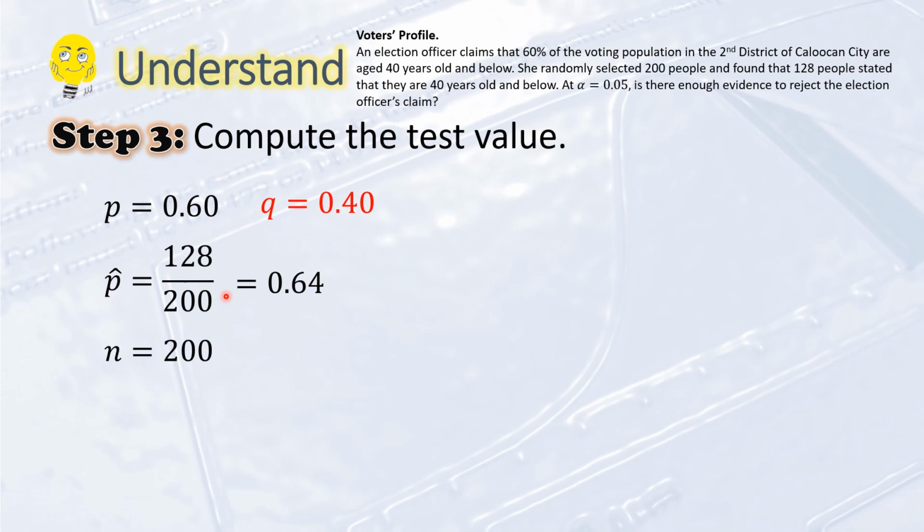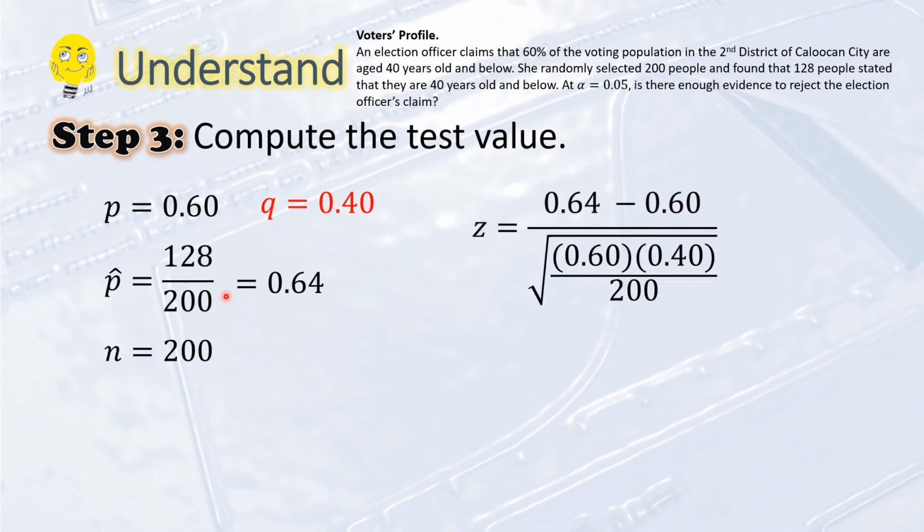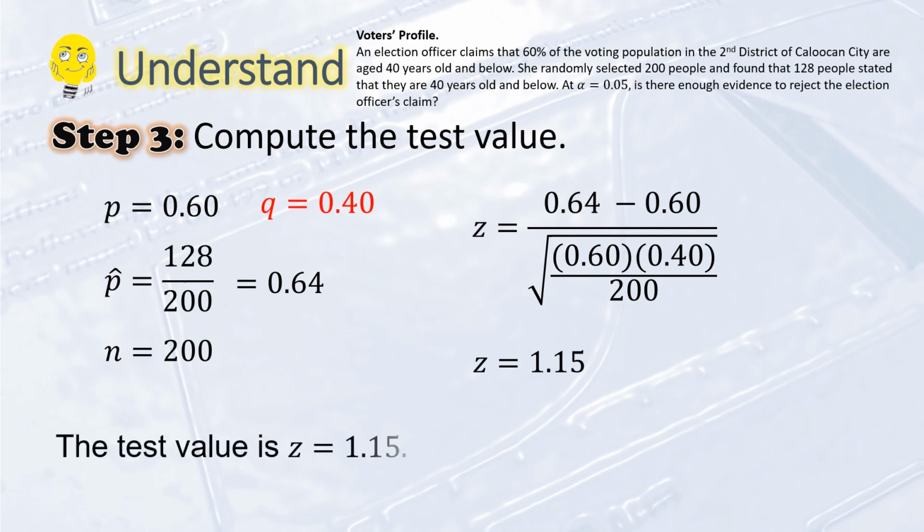The sample size is 200. Substituting these values to the given formula, we have Z is equal to 0.64 minus 0.6 divided by the square root of 0.6 times 0.4 over 200. Using your scientific calculator, we have 1.15 for the z-test value.